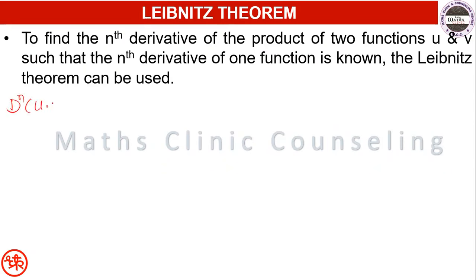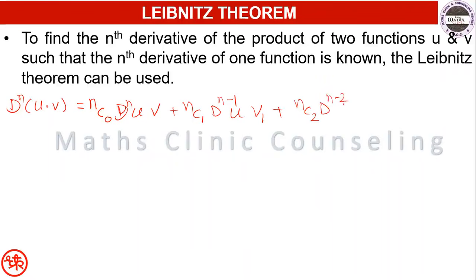dn of u into v is equal to, as I told, nc0 dn of u into v plus nc1 dn minus 1 u v1 plus nc2 dn minus 2 u into v2 plus nc3 dn minus 3 u v3 and so on, plus ncn u into dn of v.